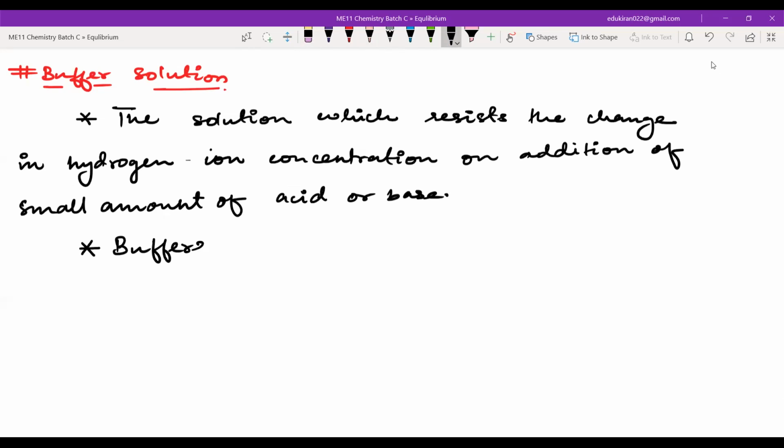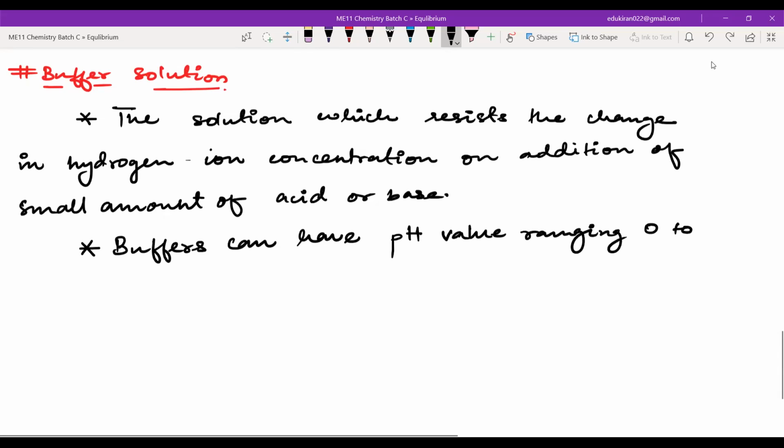Buffers can have pH values ranging from 1 to 14. Sorry, not 0 to 14, 1 to 14.